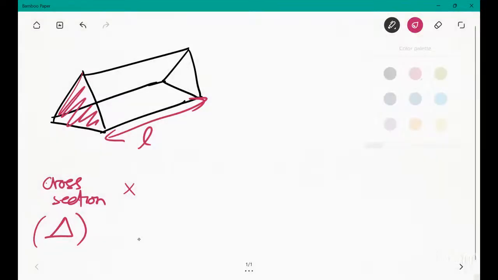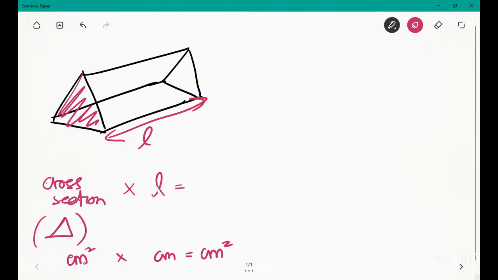Okay. Cross section, the shape here is a triangle, into your length. So here is centimeter squared, since it's area. Totally you'll get centimeter squared.